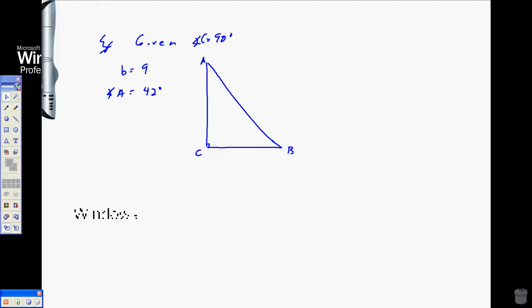So, angle A, angle B, angle C. Put my sides on. Little a, opposite angle A, little b, opposite angle B, and little c, opposite angle C. From there, I'm going to put all the information I know. Little b is 9. We also know angle A is 42 degrees.